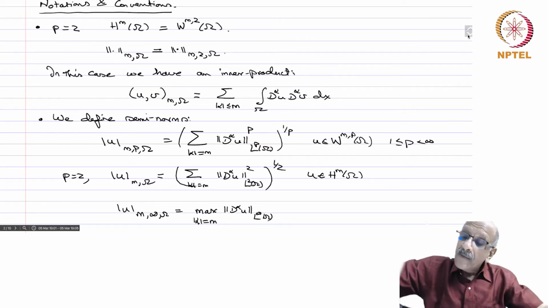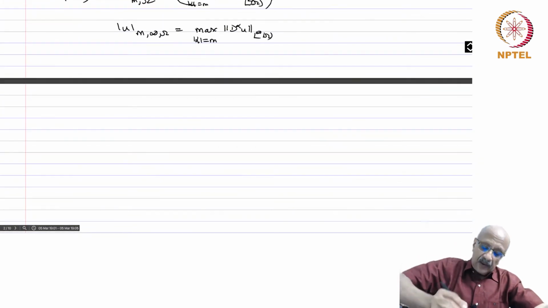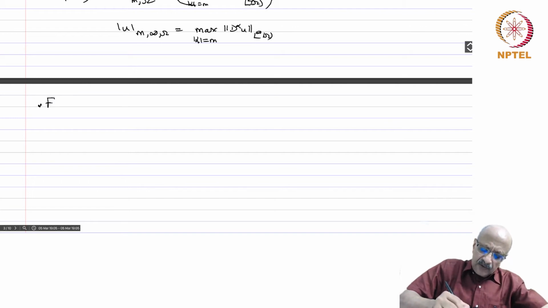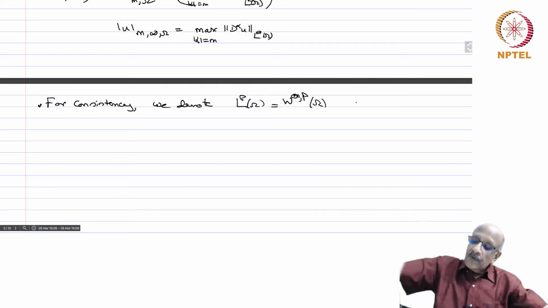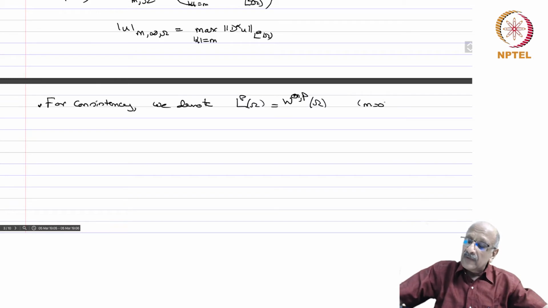Okay, then for consistency, we denote L^p(Ω) equals W^{0,p}(Ω). So m equal to 0, we have defined for m greater than or equal to 1 in the Sobolev space.